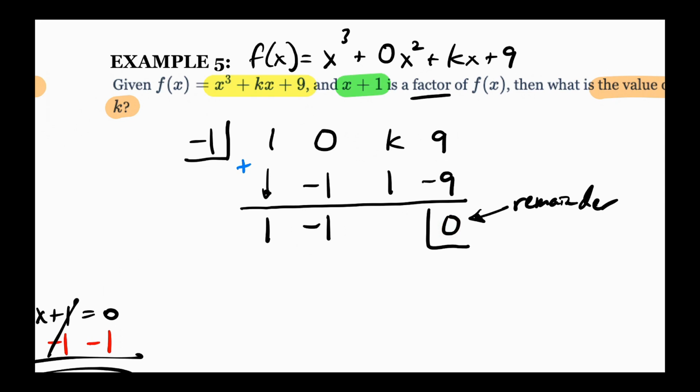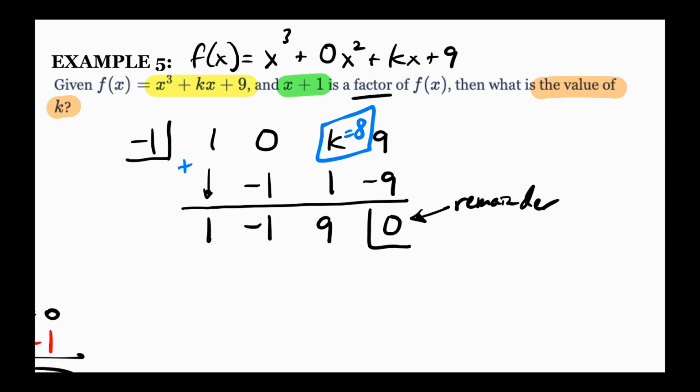Now, if that's -9, what number had to have been here to make -9? Good. And if that's 9, what number had to have been here to make 9? 8, because we always add straight down, right? You go backwards to get that answer.